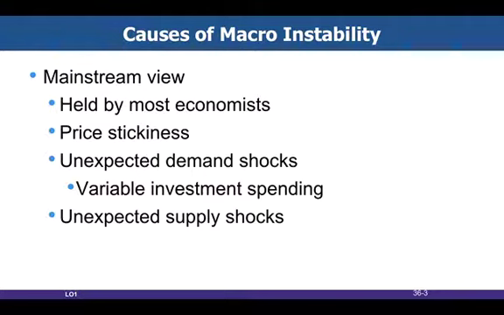So here we go. Let's begin just by talking about this idea of the mainstream view. So this is what we've always assumed, right? So in class, we have taken the mainstream view held by most economists. However, it is not a school of thought, right?